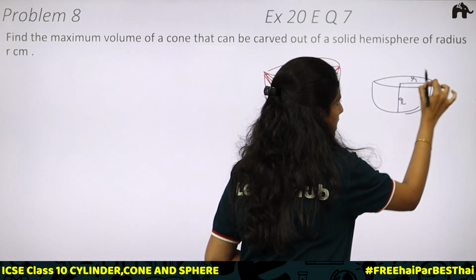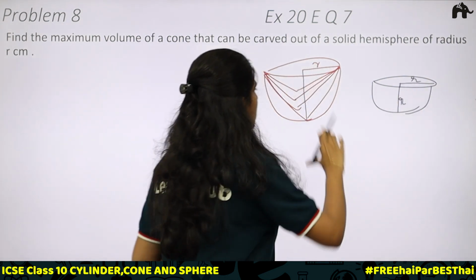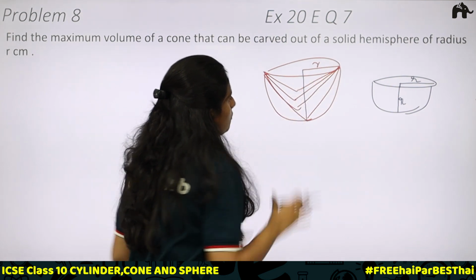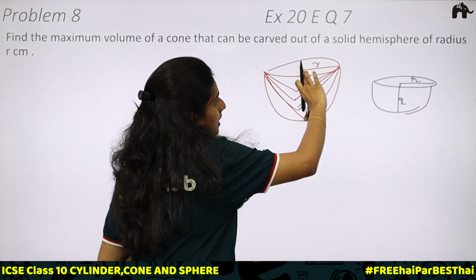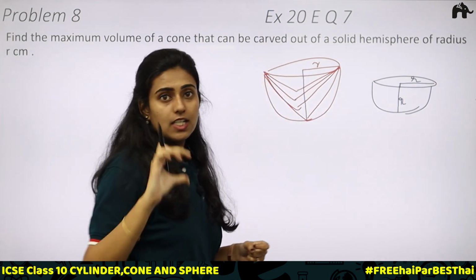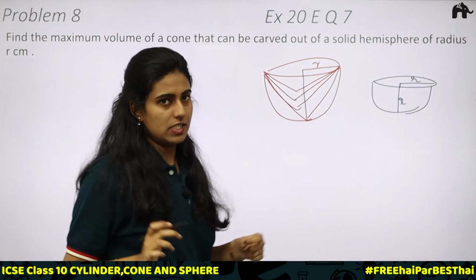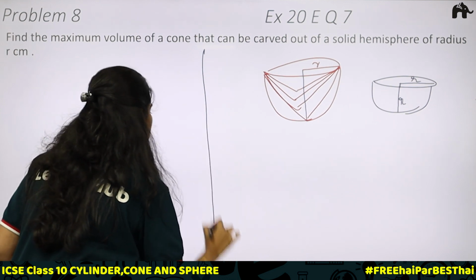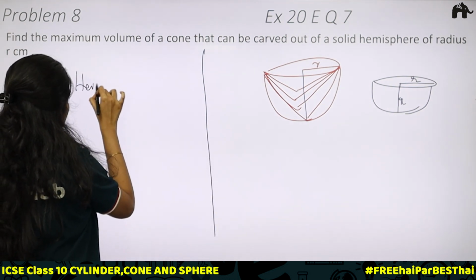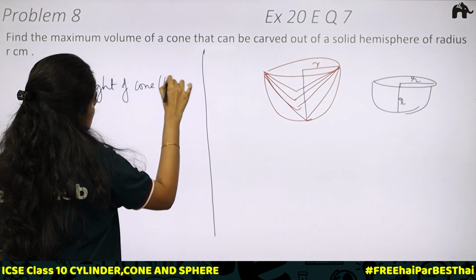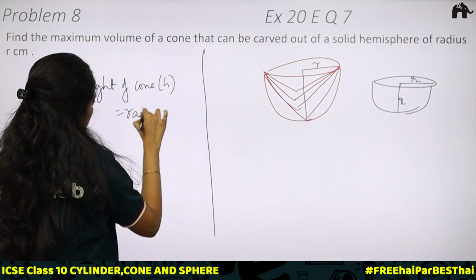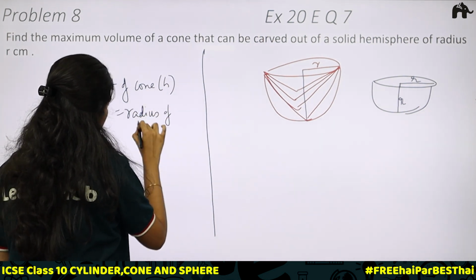This is also a radius. So when you carve out a cone from the hemisphere, the maximum height is when the height of cone is equal to the radius of hemisphere. h is equal to radius of hemisphere.